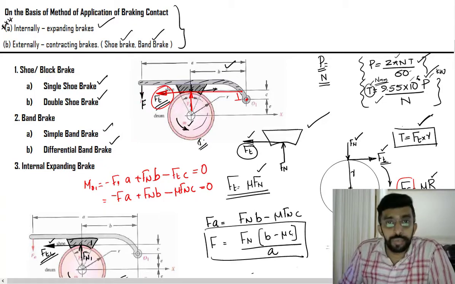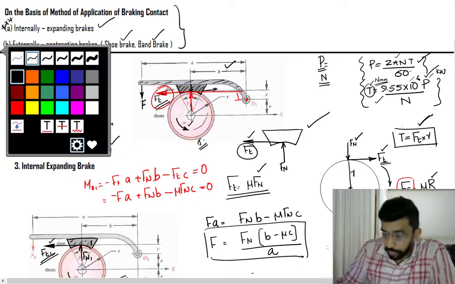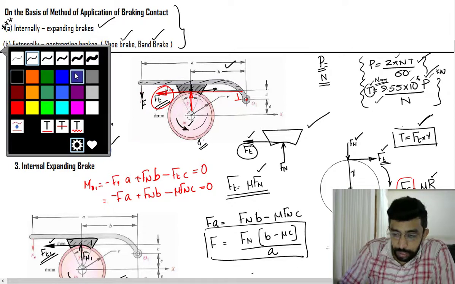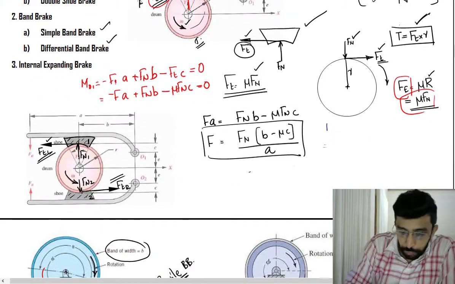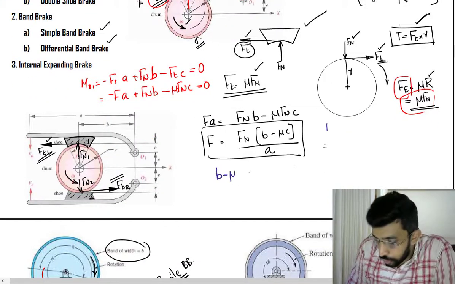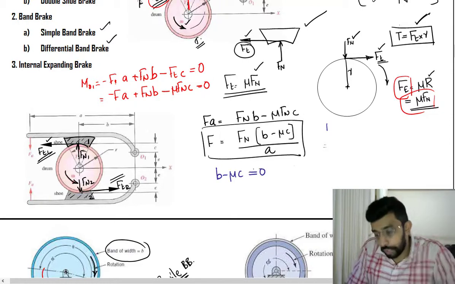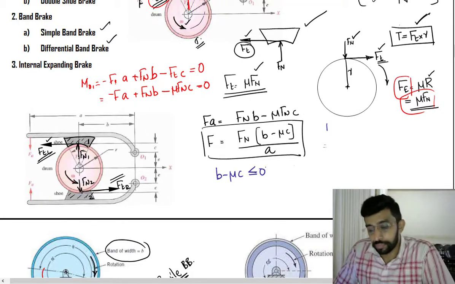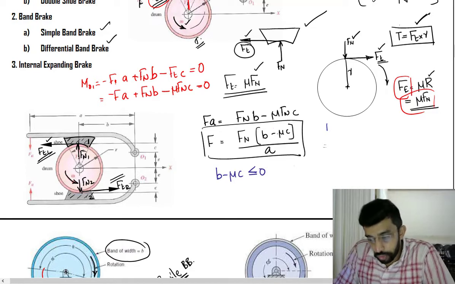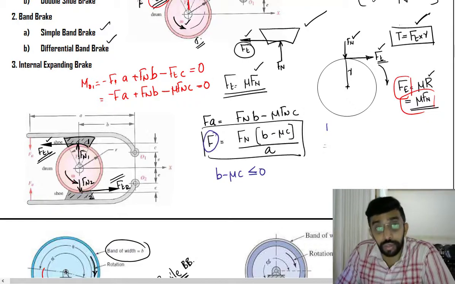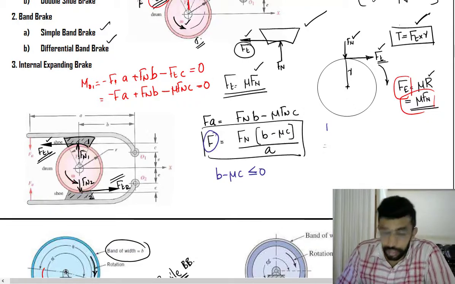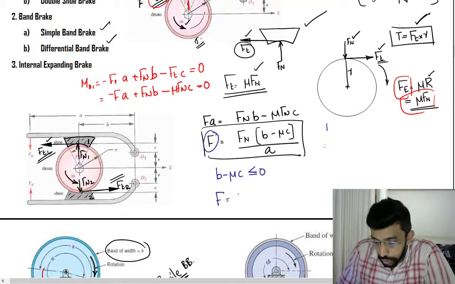Now you just think what happens if B minus mu C is equal to 0 or less than 0, that is, if the value of mu C is greater than B. The bracket will be less than or equal to 0 and the actuating force will become 0 or negative. That means F becomes 0 or negative.